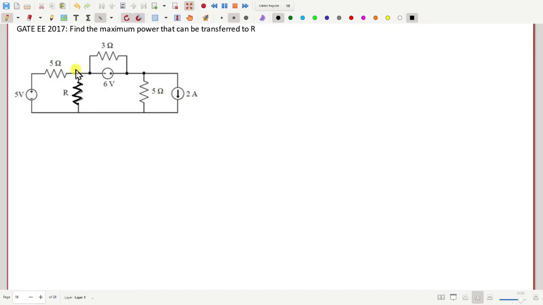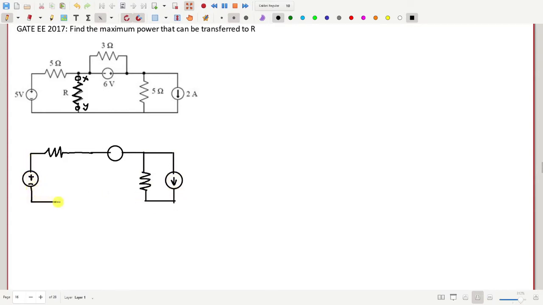Once again, if you call this terminal X and this Y, let us find the Thevenin equivalent between X and Y. Here X, here Y, this is 5 ohm, 5 volt.